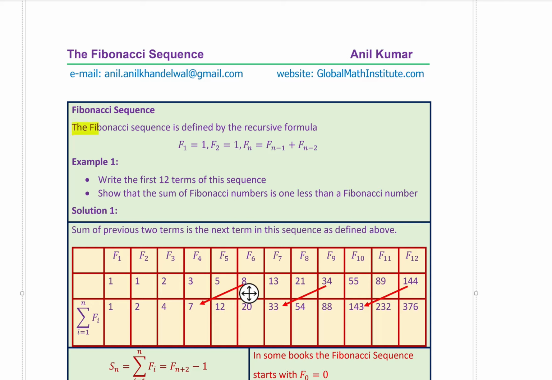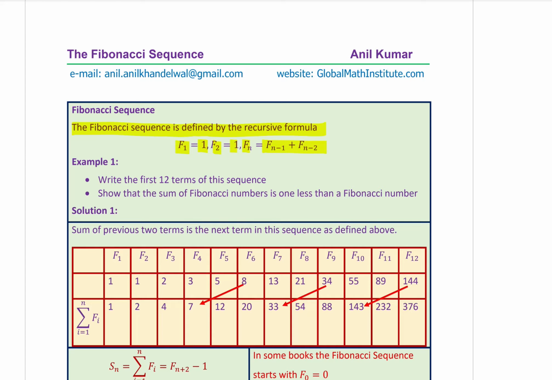A Fibonacci sequence is derived by the recursive formula where we are taking the first term f1 as 1 and the second term also as 1. Now the sequence is derived by adding the previous two terms, you get the next term, right? So that is how it is derived.